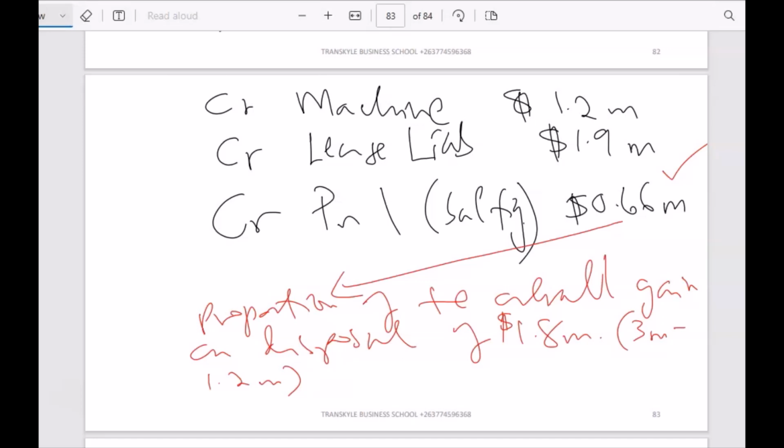We are saying that since we fetched 3 million minus the lease liability of 1.9 million, multiplied by this 1.8 million, you can see that we get 0.66, which is the portion of the gain.